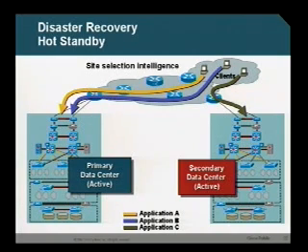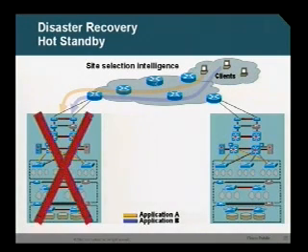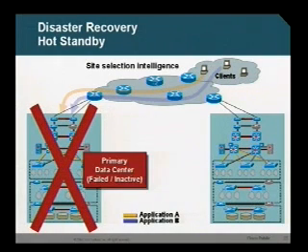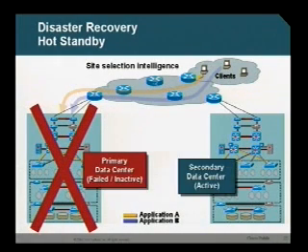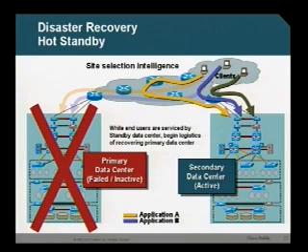We can set this up so that all the applications are hosted on both the data centers, or some as in this case, some applications are hosted in the primary data center, some applications are hosted in the secondary data center, and we have the backup for each application on the other side. So if your primary data center goes down, you have the secondary data center, and it's going to start servicing all the applications.